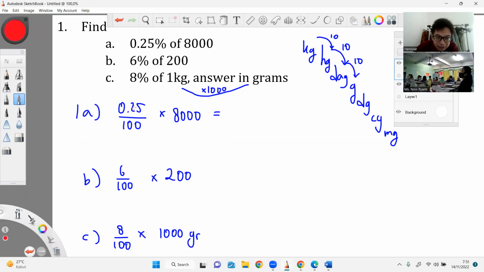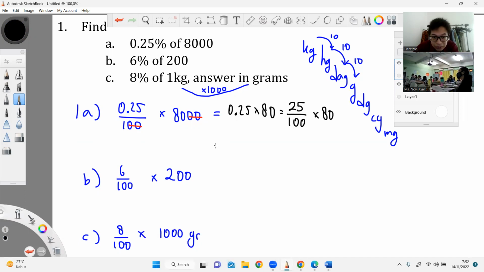We deal with the fraction and decimal. Since we have the decimal point, we try to focus on simplifying the numerator and the denominator. We simplify, and the answer will be 0.25 times 80. So 0.25 is 25 over 100, because two decimal places, times 80.